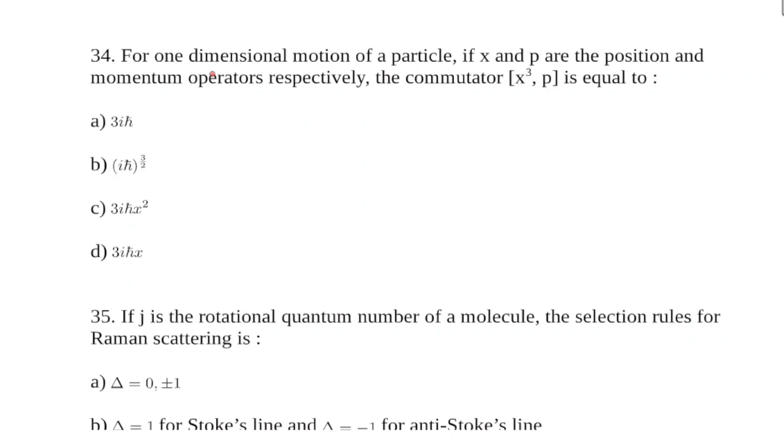For one-dimensional motion of a particle, if x and p are the position and momentum operators respectively, the commutator of x cube and p is equal to. Okay, so here x cube, p.